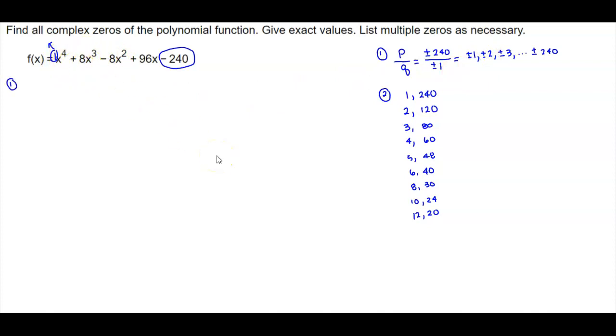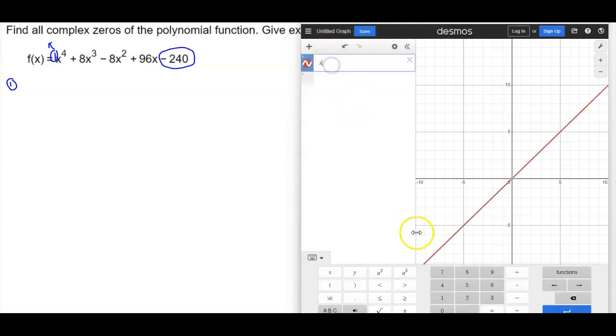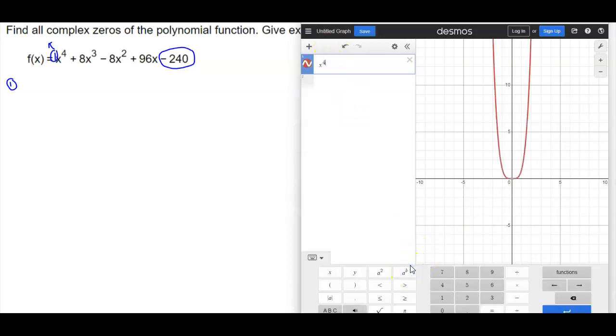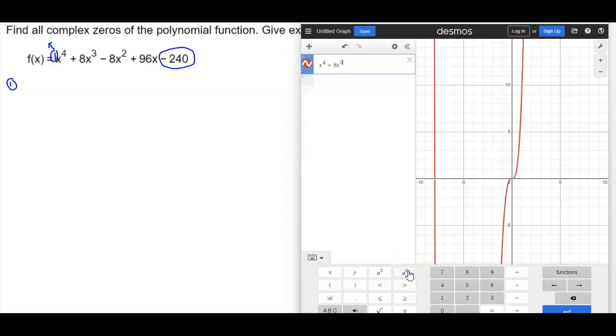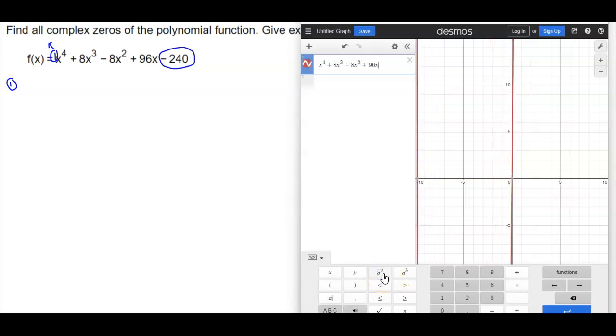To shorten our time, we want to graph this to see what it looks like on Desmos. So let's put this in Desmos: x to the fourth plus 8x cubed minus 8x squared plus 96x minus 240.